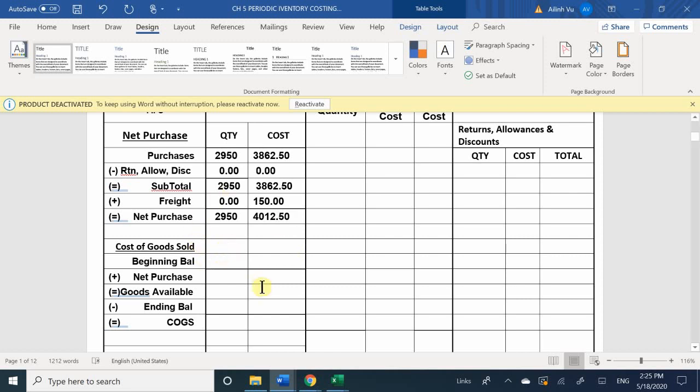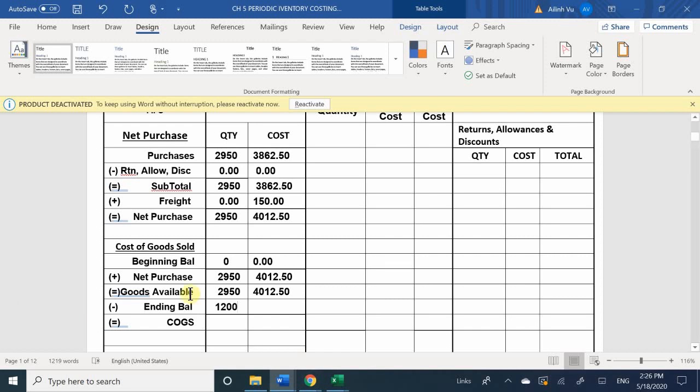And then do we have beginning inventory? No, not that we know of. And then we were given that at the end on June 30th, we have 1,200 units left.